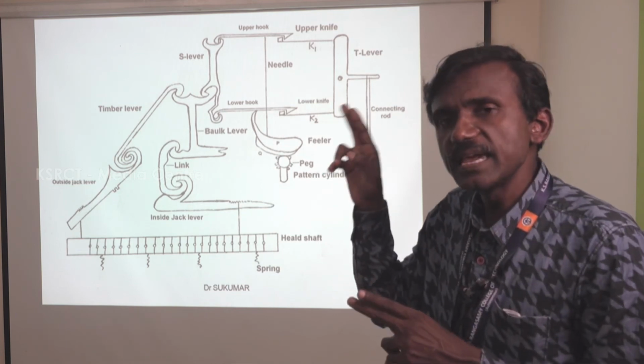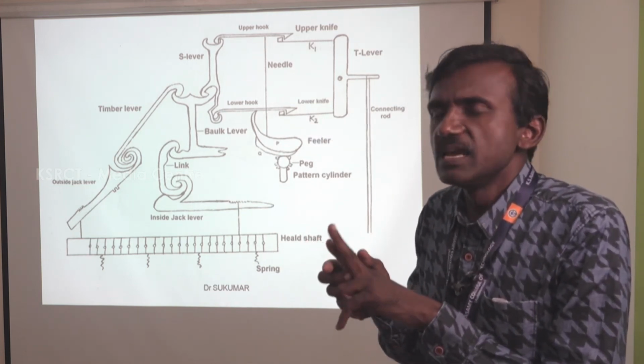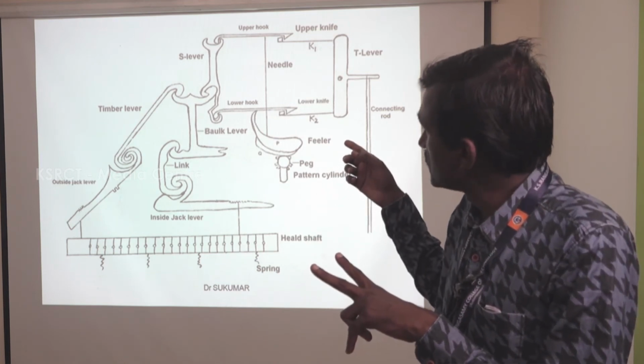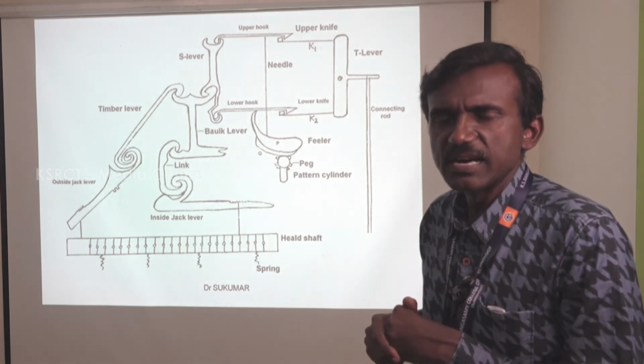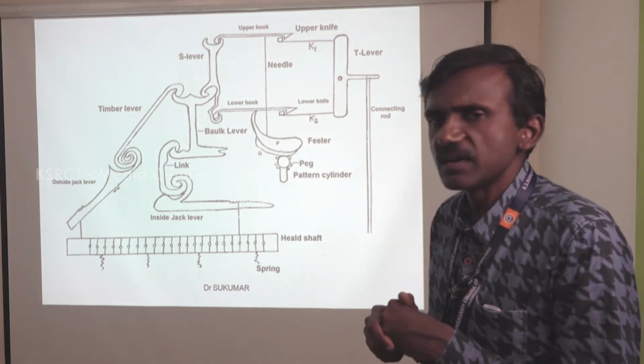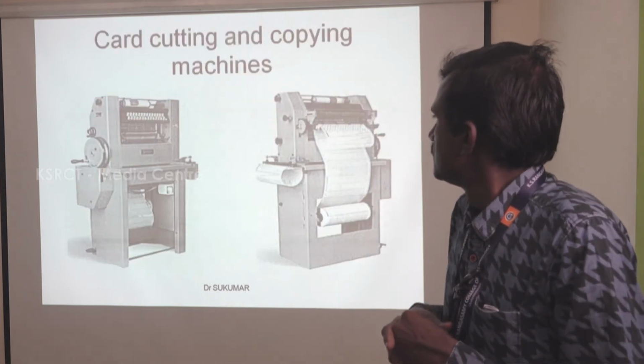As I told in the case of the feeler mechanisms, there is the longer feeler and the shorter feeler. The longer feeler will contact the outer jack lever, and the inner jack lever will control the shorter feeler.